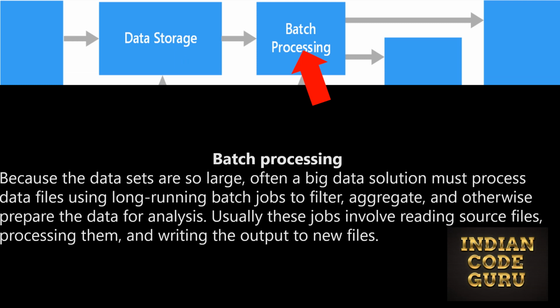Batch processing. Because the data sets are so large, often a big data solution must process data files using long-running batch jobs to filter, aggregate, and otherwise prepare the data for analysis. Usually these jobs involve reading source files, processing them, and writing the output to new files.